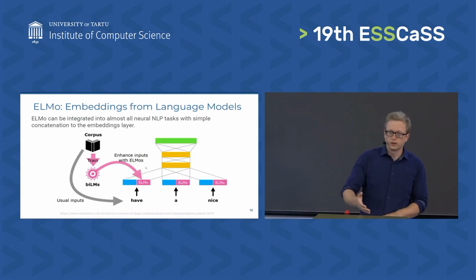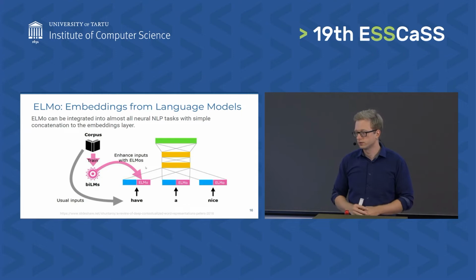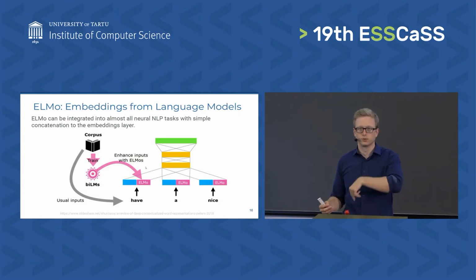This works quite well, and it can be combined with most NLP applications, most neural network models, or even many other types of models that are not neural networks. For example, if we have any kind of neural network for an NLP task, it probably uses some word representations.